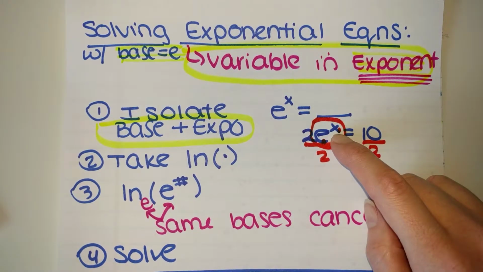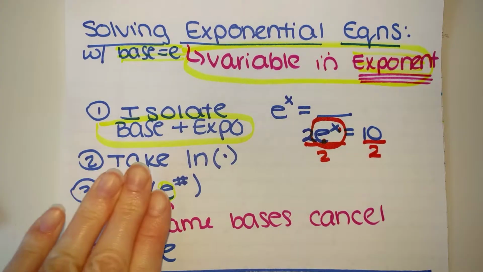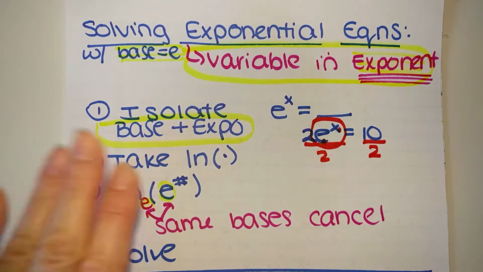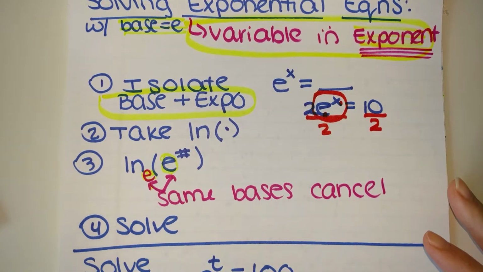When the base is equal to e, for the natural log you have a base e, for the exponential you have a base e, so those bases will cancel. The beauty of this is once the bases cancel, the natural log is gone, the e is gone, and you will just have a variable equal to something. That will be an equation that you can then very straightforwardly solve.